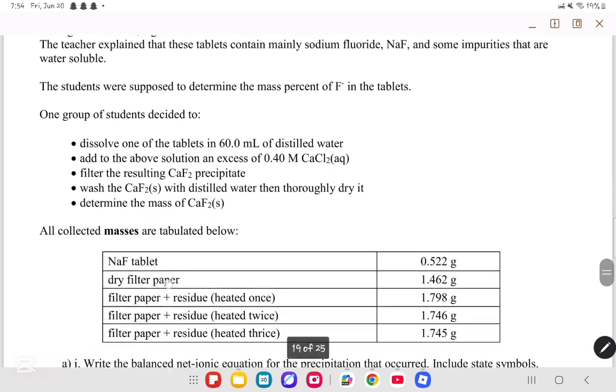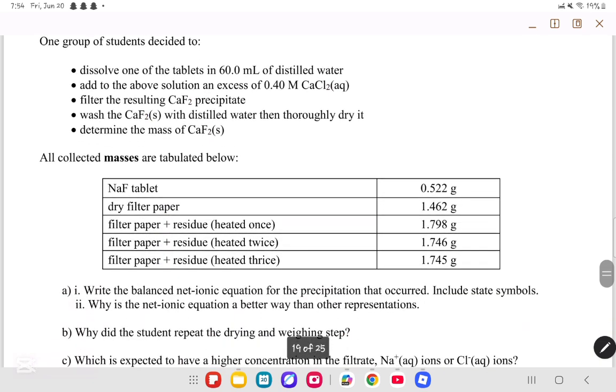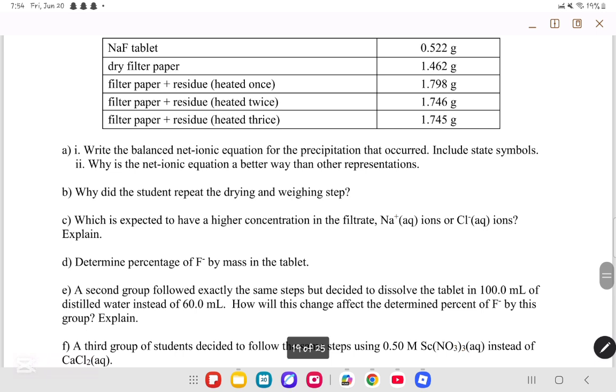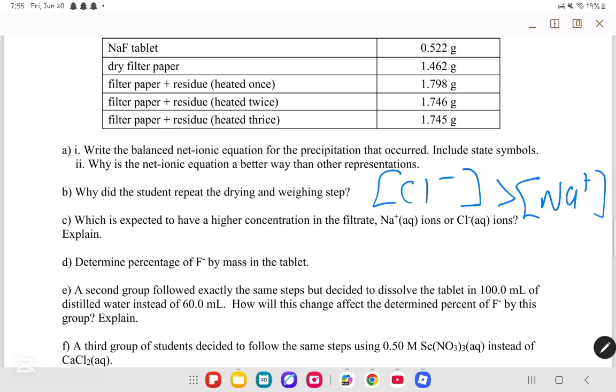If you go up and you read, you will see which one was added in excess. You added an excess of CaCl2. So this is the keyword we're looking for. Excess of CaCl2. As soon as you see this, you will know that the concentration of Cl- is definitely for sure going to be greater than the concentration of Na+ because it is in excess. My voice is gone. Sorry for that.